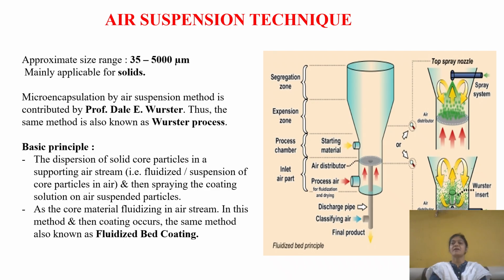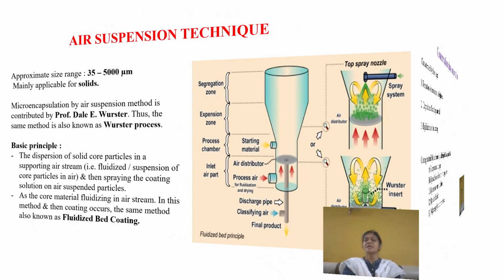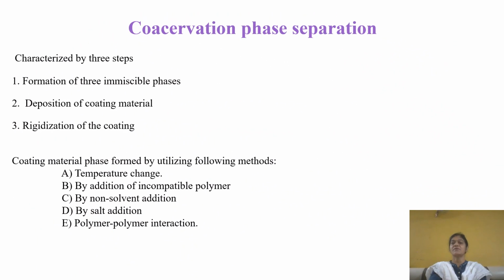As per the diagrammatic presentation, the coating material might be applied either at the top or at the bottom, as shown. Next technique, coacervation phase separation. Coacervation phase separation is characterized by three steps. Initially there is the formation of three immiscible phases, then the deposition of coating material, and after deposition, rigidization of the coating should occur.